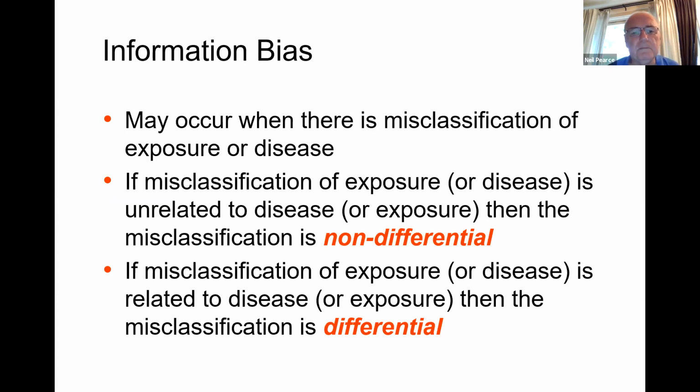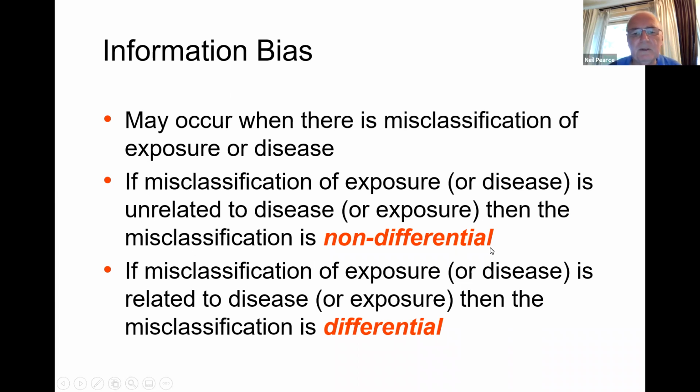Information bias occurs when there's misclassification of exposure or disease. And the misclassification can be random or it can be systematic. So if the misclassification of exposure is not related to disease, then the misclassification is non-differential.